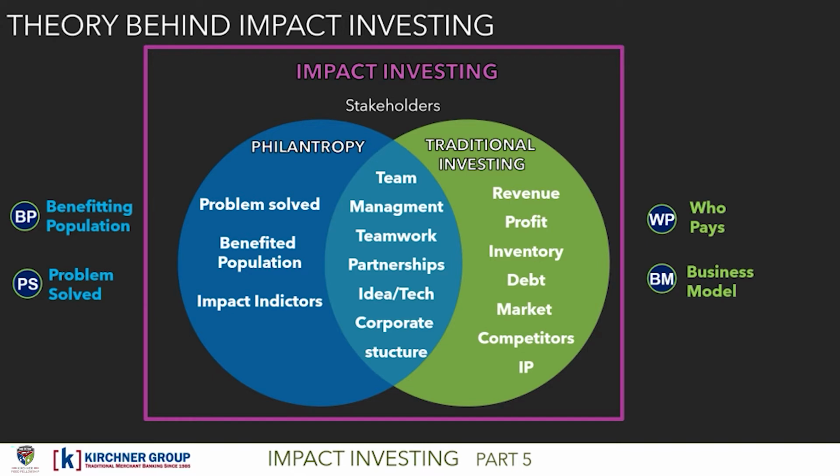If you're planning to raise some capital from an impact investing source, it's important that you know at the very minimum these 4 points. First, you have to identify your benefiting population, meaning who are you helping with your project. You also have to identify what problem you are solving and be able to articulate it in a simple way.